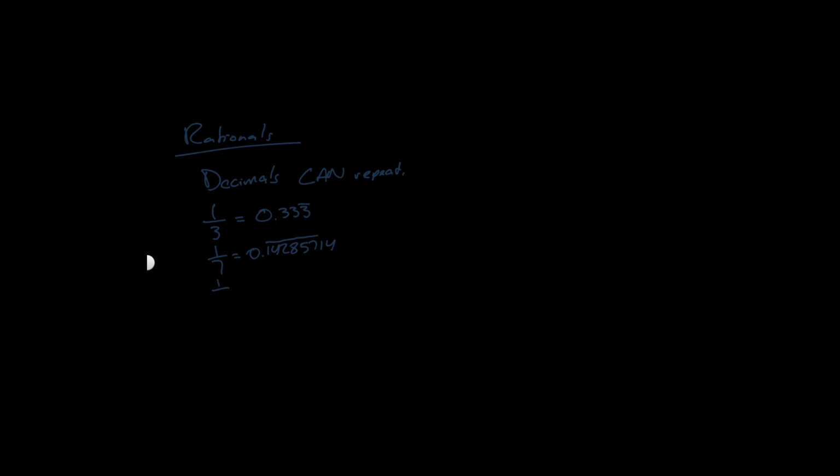There are other ones that are even harder to tell, like 1 over 11, which is 0.090909, and the zero nines keep going. They repeat forever. So even though it goes on forever and repeats, it is still rational because it's a fraction.